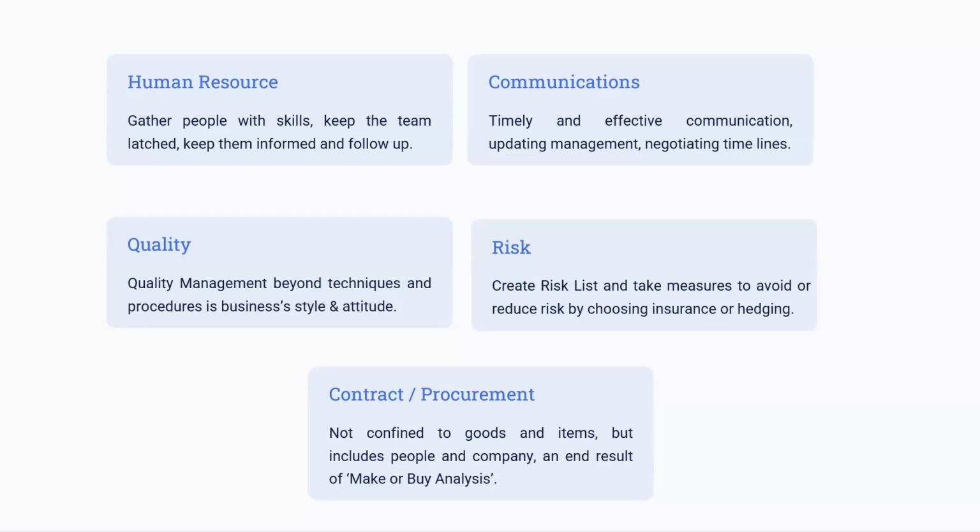And then finally, contract and procurement. Contract is where you procure the goods from suppliers on a contract basis. You can have a contract with one particular supplier and ask the supplier to supply the goods for a particular period of time, say for 1 year or the next 2 years, or till the completion of the project.